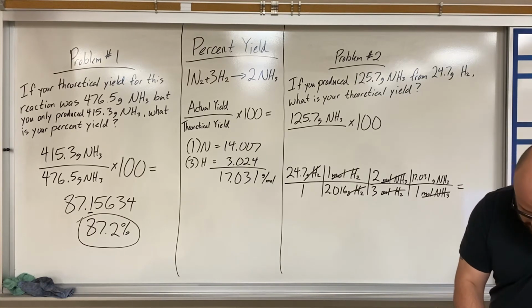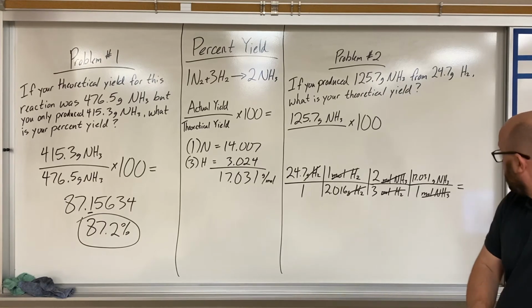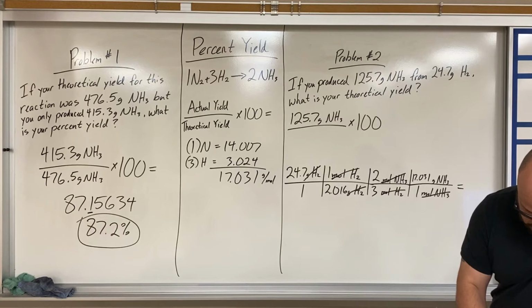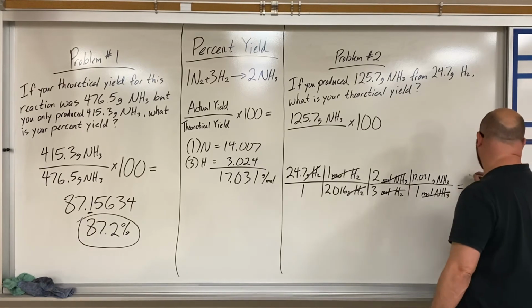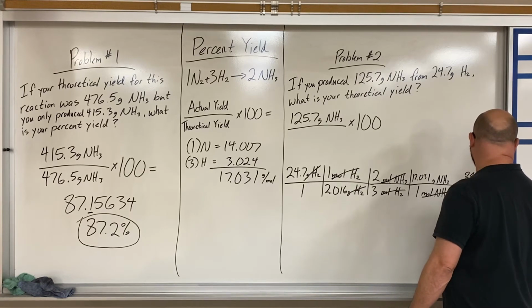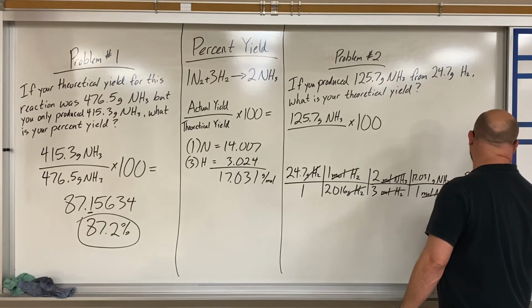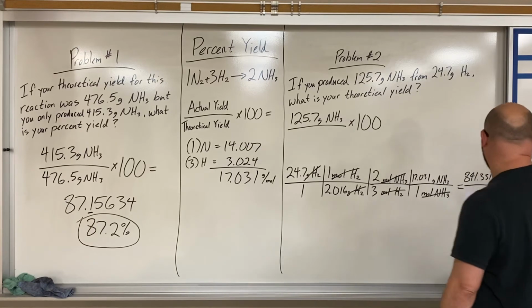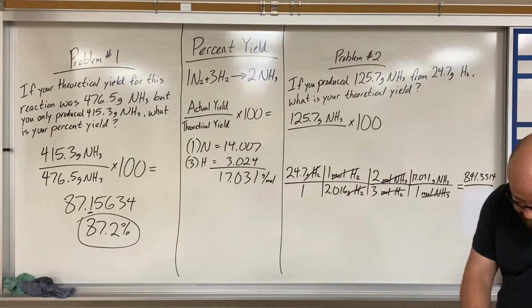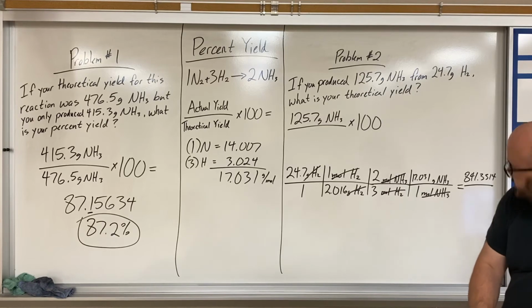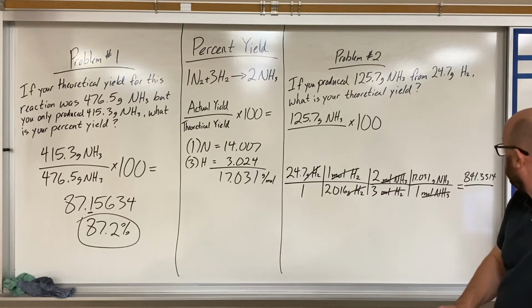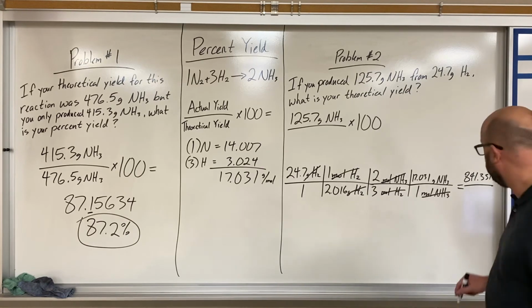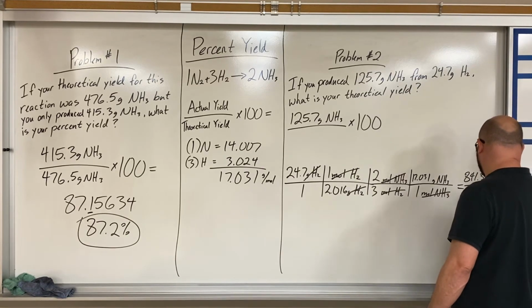All right. I hit a wrong button. 841.3314. Divided by what's on our bottom, which is 2.016 times 3, 6.048.